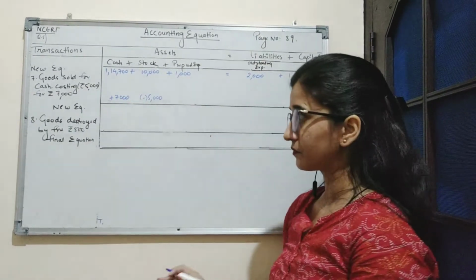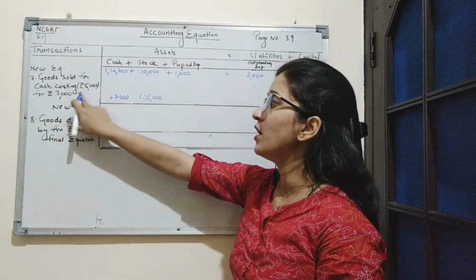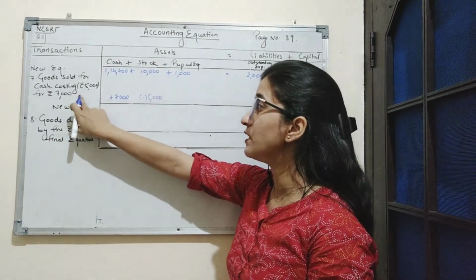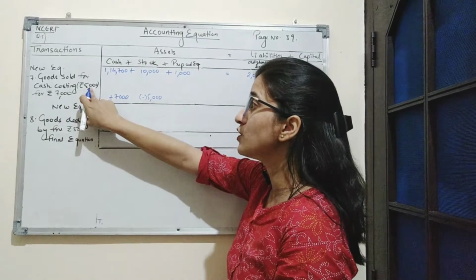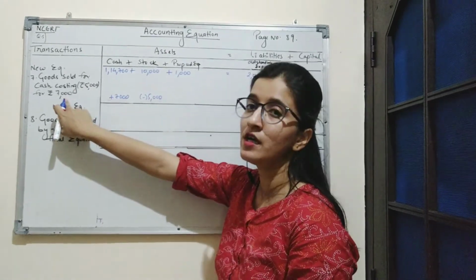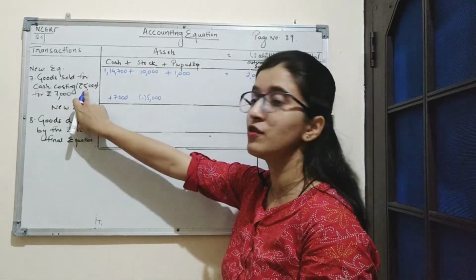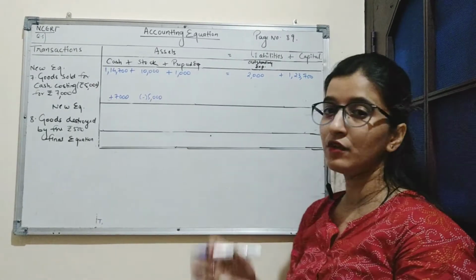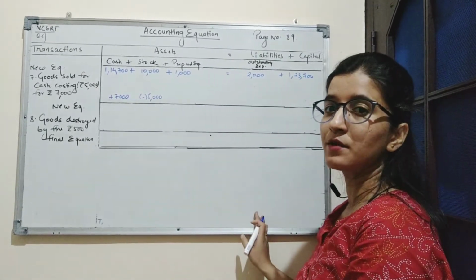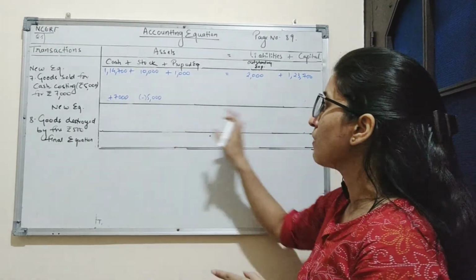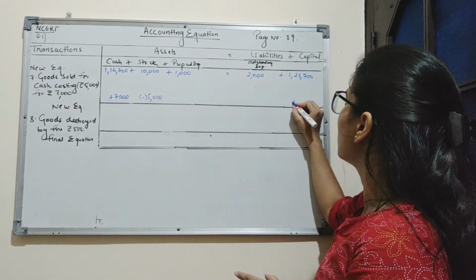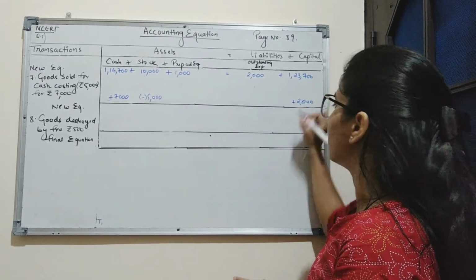cash column. At the same time, we are getting a profit of rupees 2,000 because goods was costing 5,000, sold for 7,000. So there is a profit of rupees 2,000, and we know profit increases the capital. So we will add this amount of 2,000 on capital side.